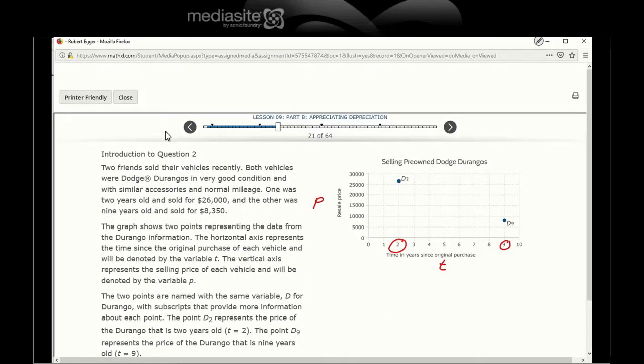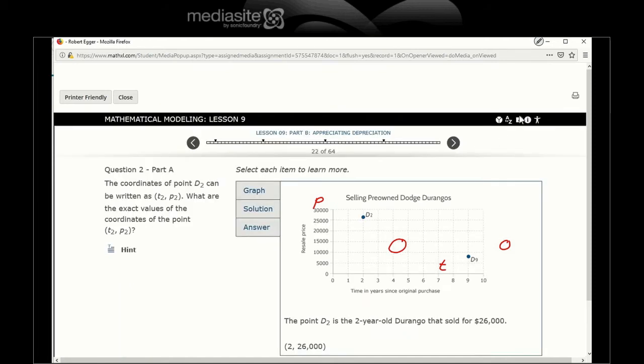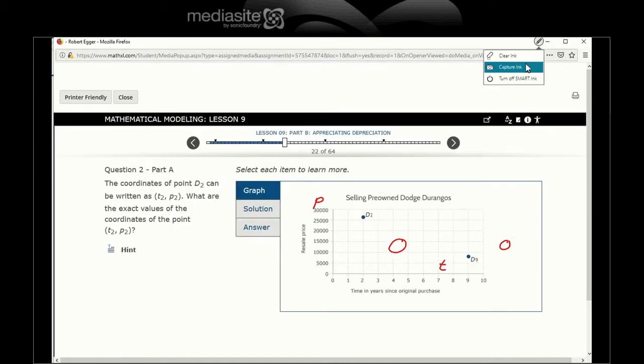Okay, so I'm going to make a quick sketch of the graph. $26,000, 9, and $8,350.